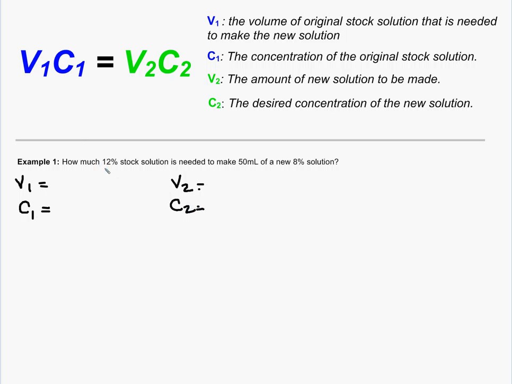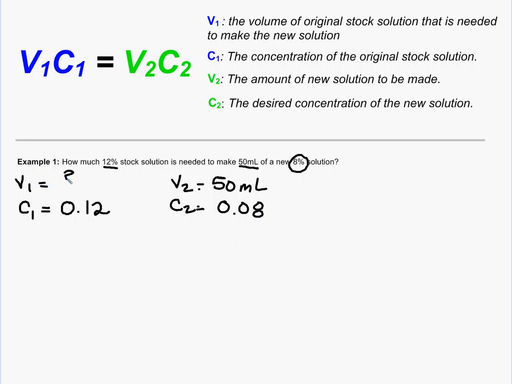And in the problem, I look at my data and they say that I have a 12% stock solution. Now the next thing you have to remember is that when you're doing percentages, to write it down in decimal form, so 12% becomes 0.12. And 50 milliliters is the volume of the new solution, and 8% is the concentration of the new solution, and that's written as 0.08.